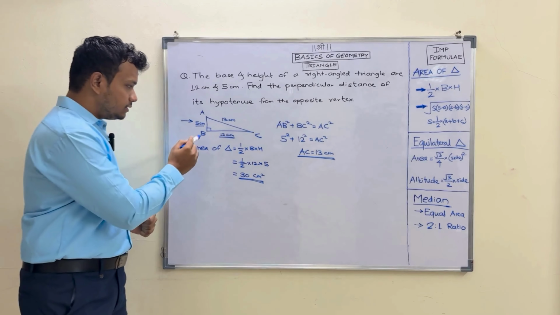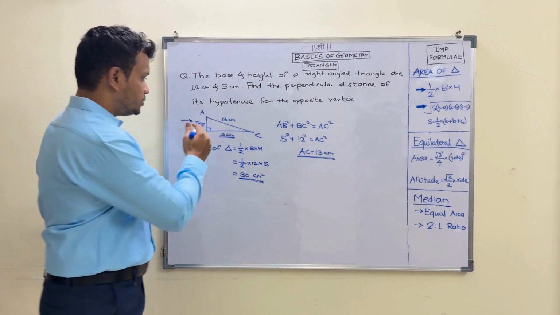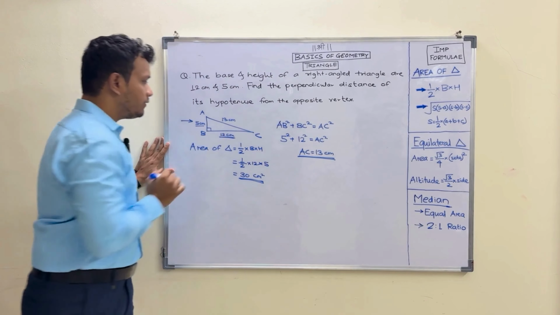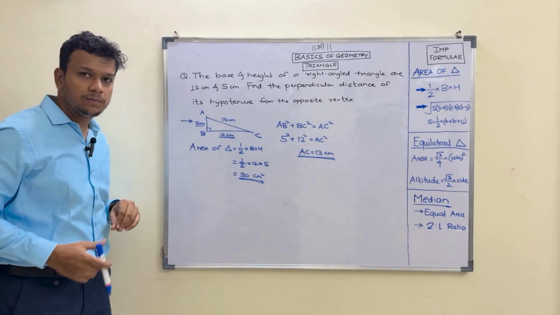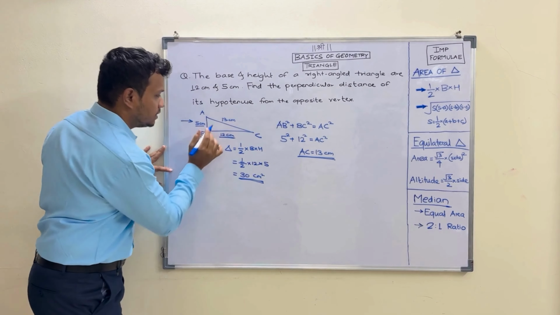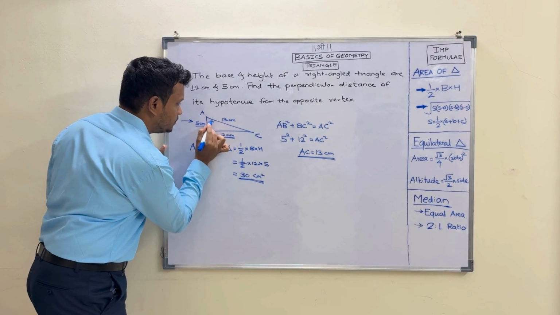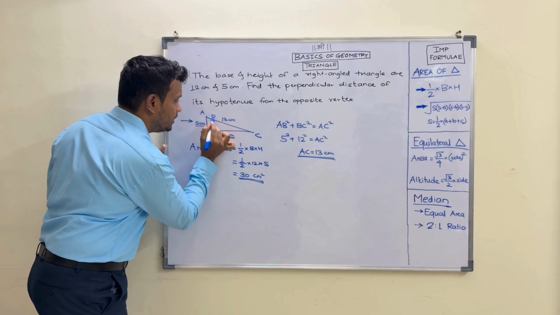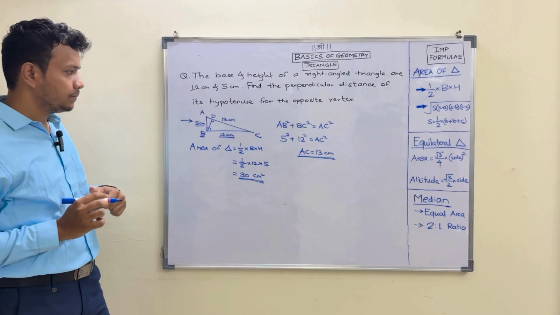If I rotate this triangle, what they have asked is to find the perpendicular distance of its hypotenuse from the opposite vertex. This is my hypotenuse, this is my opposite vertex. They have asked us the length of this line. If I name the point D, they are looking for the length of BD.